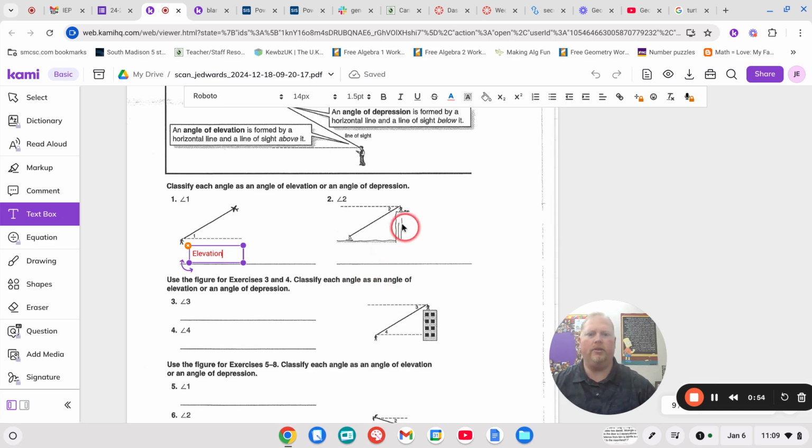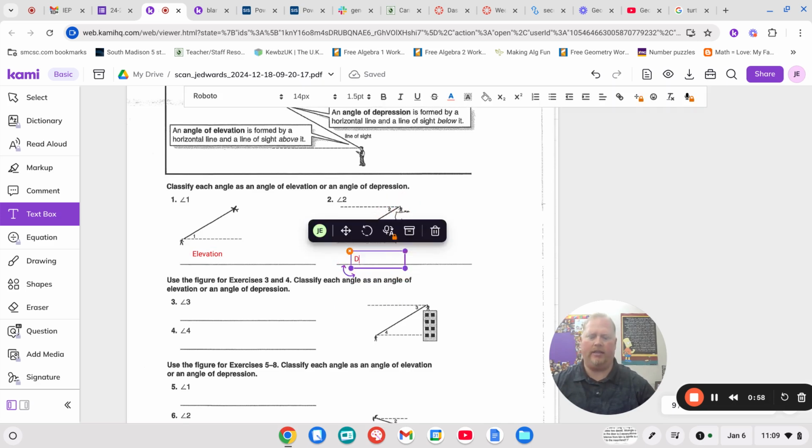Question number 2, the dude's looking down at the boat, so because he's looking down, that's depression. Question number 3, angle 3 is at the top of the building and the dude's looking down at the other dude. So, since he's looking down, that would be depression.